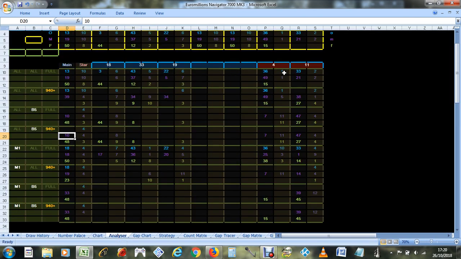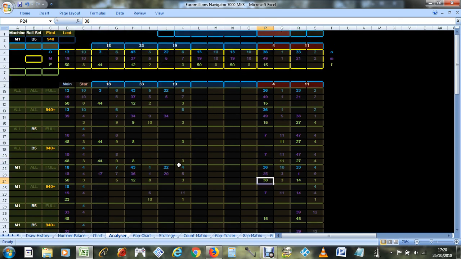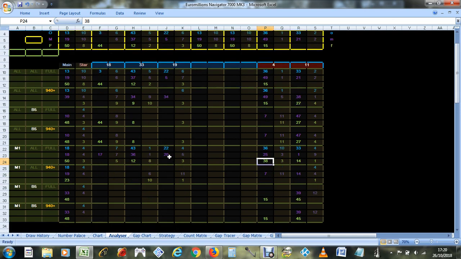And when we do the analysis for star number 4 and star number 11, 11 points to 38 in recent history, and 38 is more frequent with number 4 and machine 1, and 19 almost points to 38 as well. So that's like 3 clues that seem to converge on number 38.